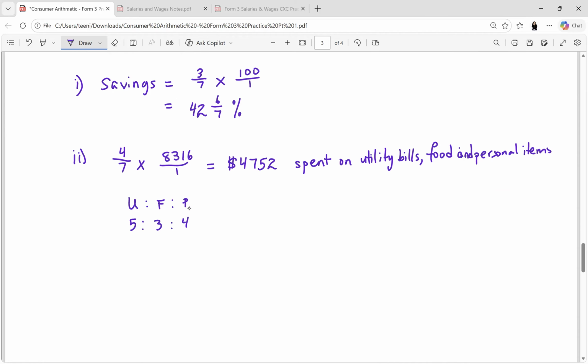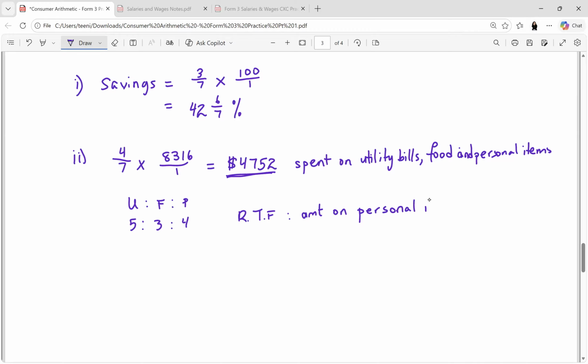All right. And we are required to find the amount spent on personal items. Can anybody tell me how would you find the amount spent on personal items? This is the total amount spent on all three things: utility bills, food, and personal items.